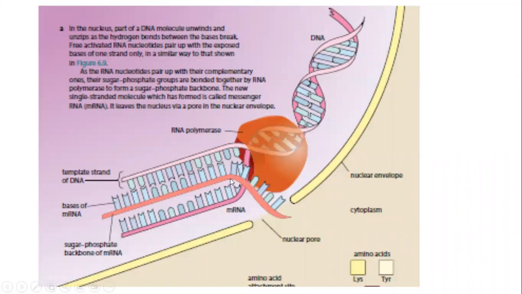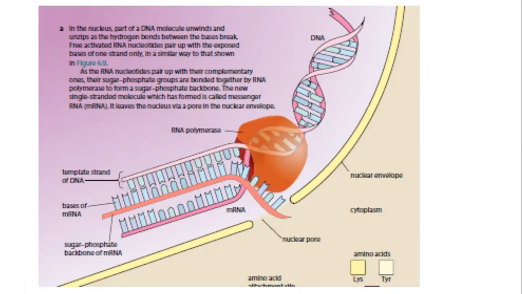After that, your RNA is going to be made. We have two strands. One is known as the template strand, and then we have the other strand. Only the template strand is going to get transcribed. So in transcription, it's not both strands. In DNA replication, both strands were getting copied. Over here, you will only make the complementary strand of the template strand.